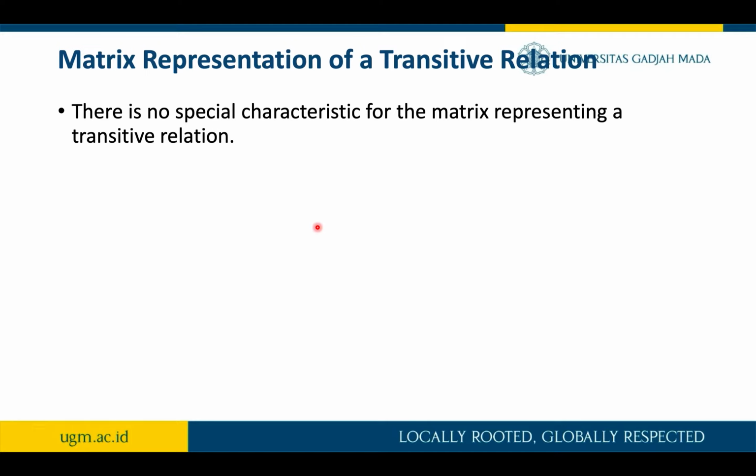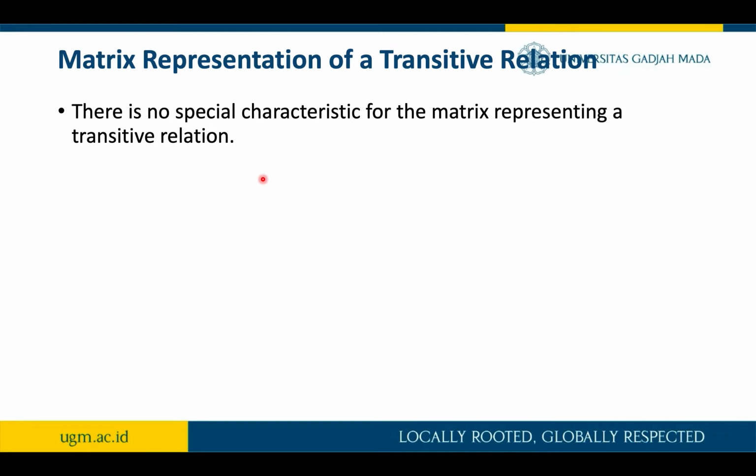Unfortunately, there is no specific characteristic of the matrix representing a transitive relation. So we cannot identify whether a relation is transitive or not using the matrix.